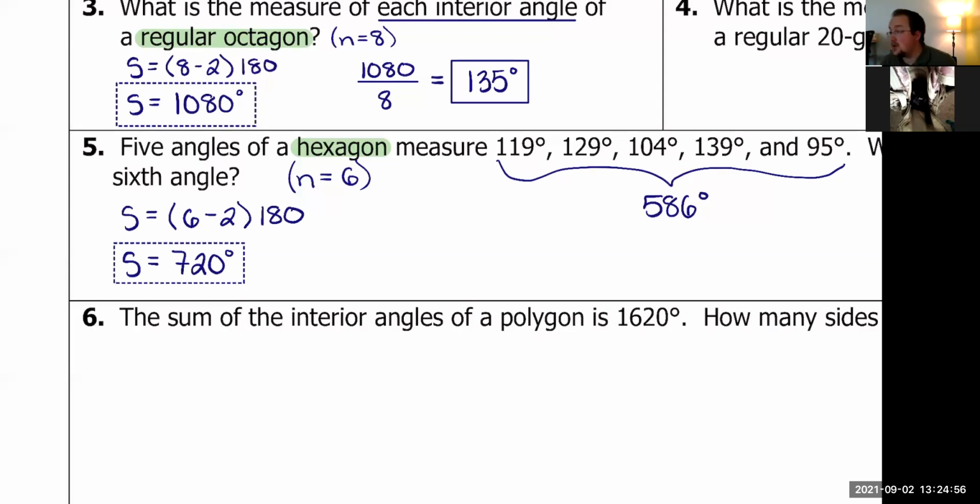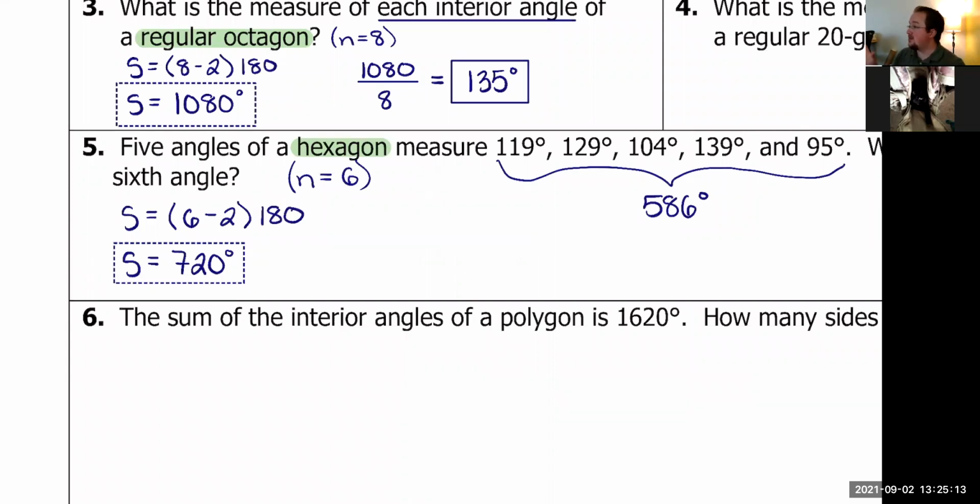So in a hexagon, there should be 720 degrees. We only have 586 degrees. Divide 720 by 586? No.